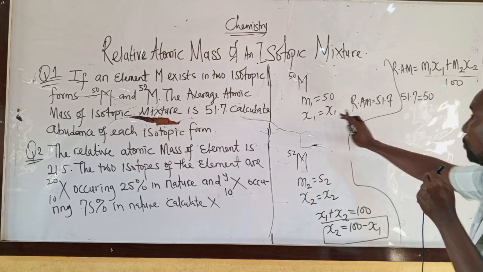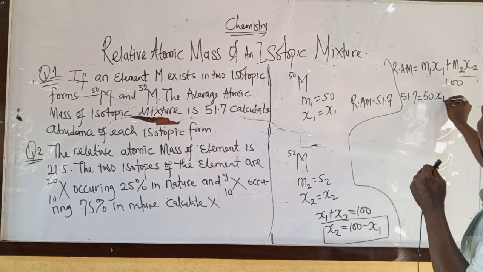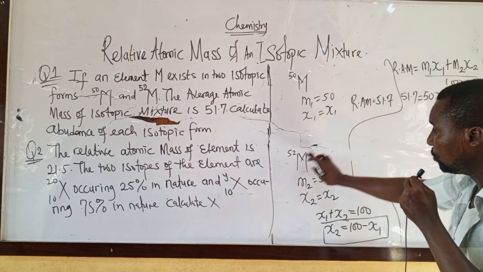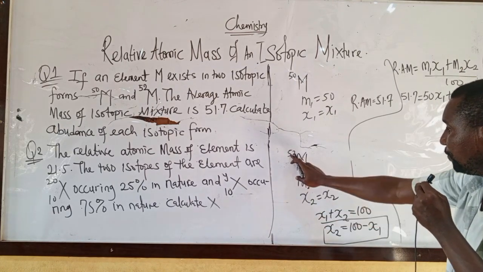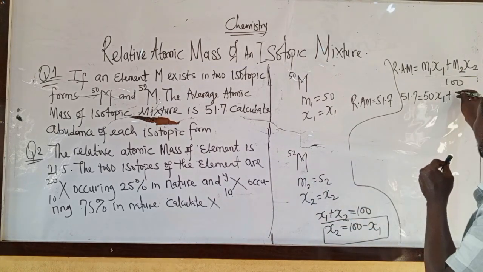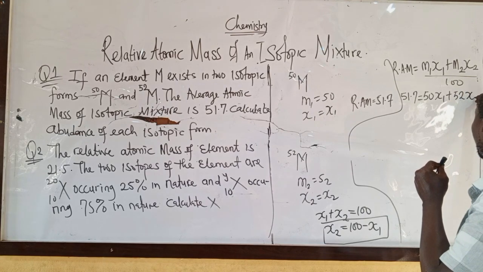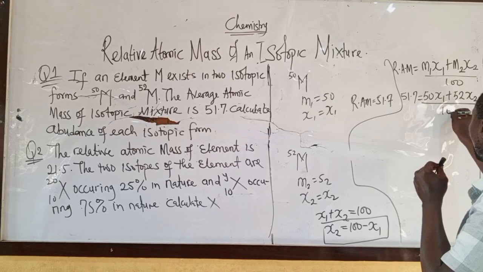times x1, unknown, plus the mass number of the second isotope, which is 52. Can you see M2, 52? Then times x2, I don't know, everything over 100.